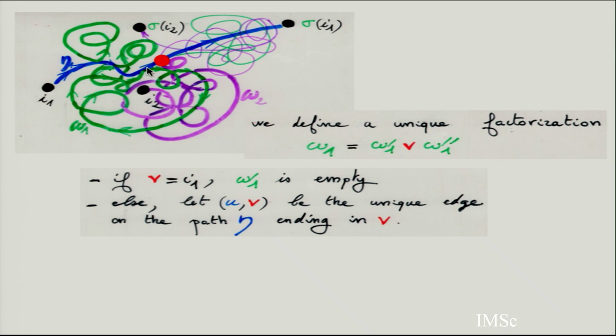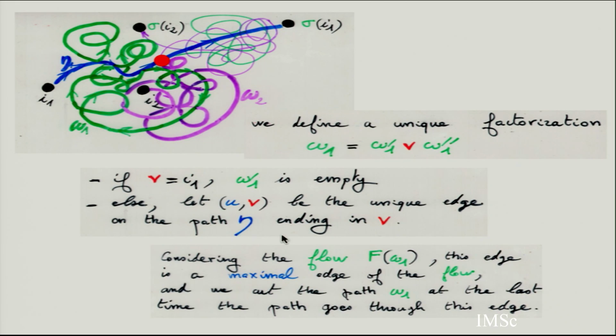A path is a sequence of edges. It can be many times the same edge, but when the path goes through this edge on the blue part, then you cut omega here. In terms of flow, this edge is maximal, and you cut the path the last time the path goes through this edge of the flow.